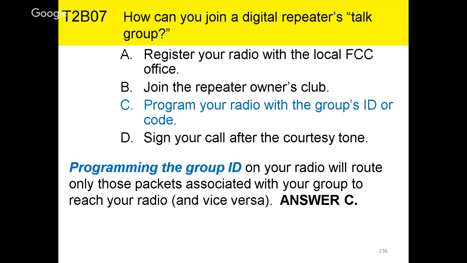One is for local, another is local along with a Pennsylvania-wide talk group, and another channel is programmed with a worldwide talk group. Although it's the same frequency, all I have to do is change to one of those, depending on who I want to talk to or what talk group I want to be a part of.